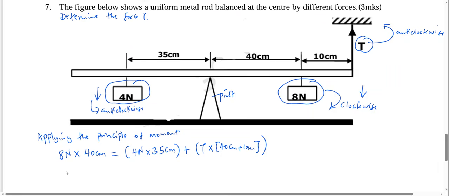Now this will give us 320, which is equal to 140 plus 50T. Now collecting like terms, we'll have 320 subtract 140 is equal to 50T.